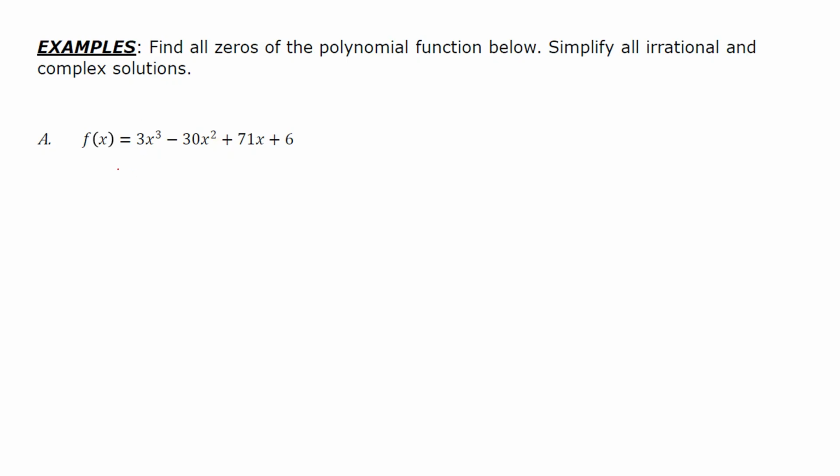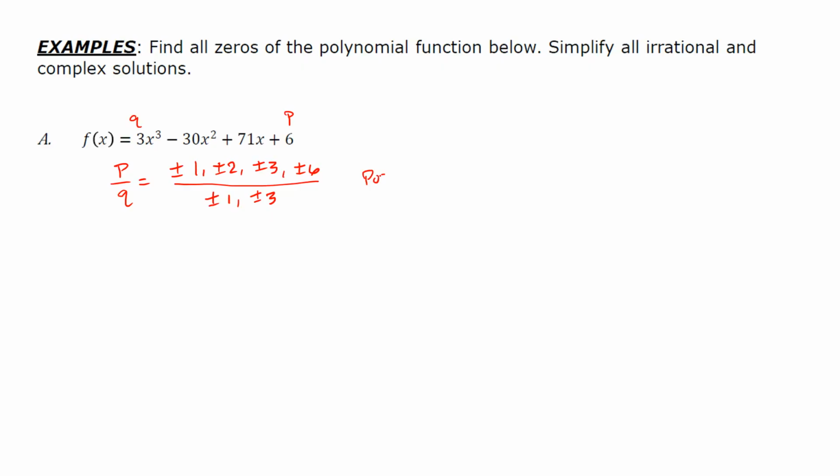And to do that, we're going to take p divided by q, where p are the factors of 6 and q are the factors of 3. So p would be 1, 2, 3, and 6. And q would be 1 and 3.